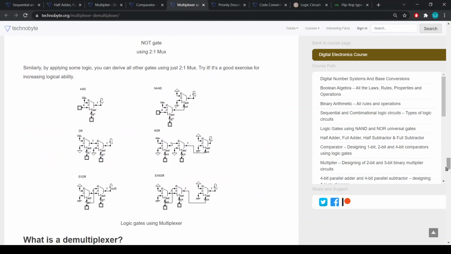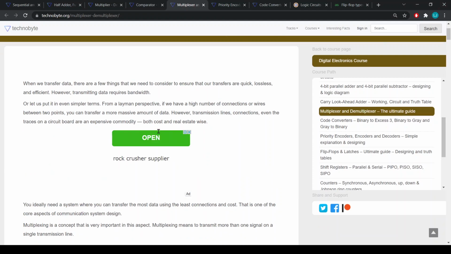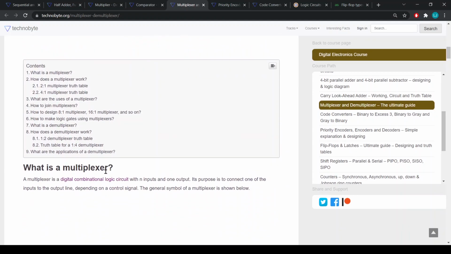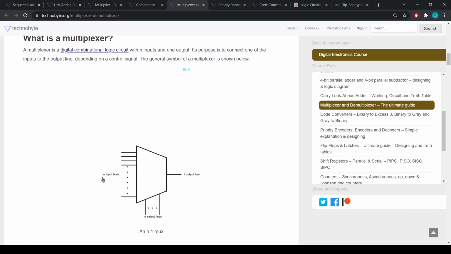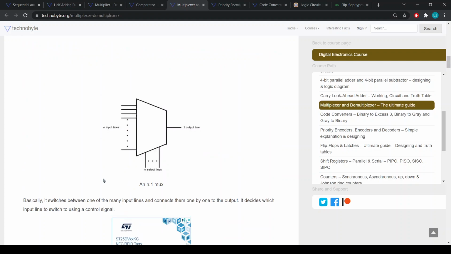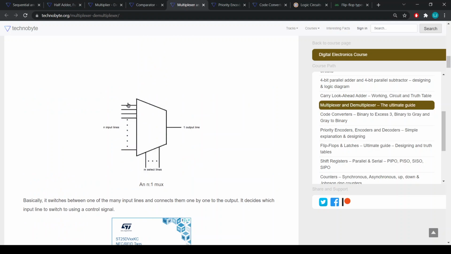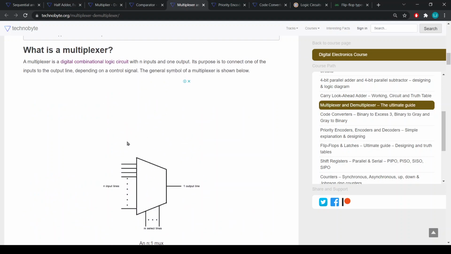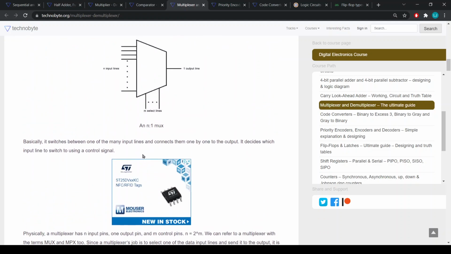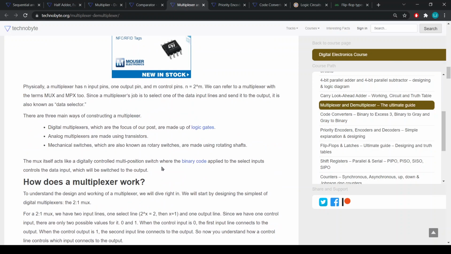Now for the multiplexer. A multiplexer is where you have many inputs and you only have one output, and you control what the inputs will be using a signal.